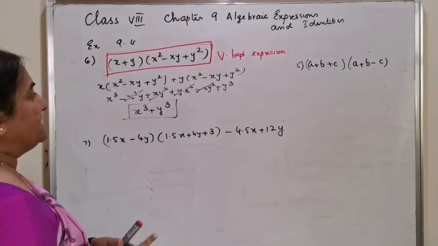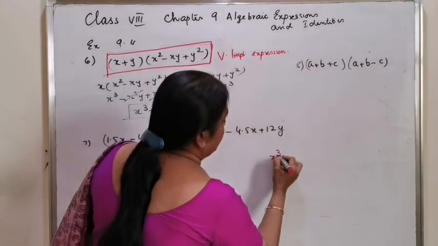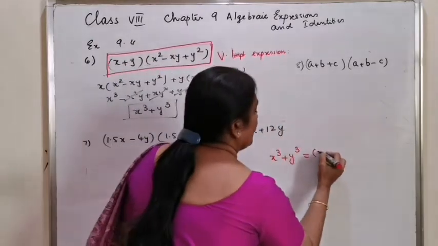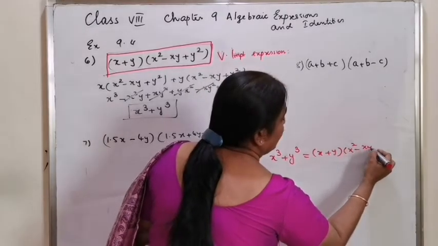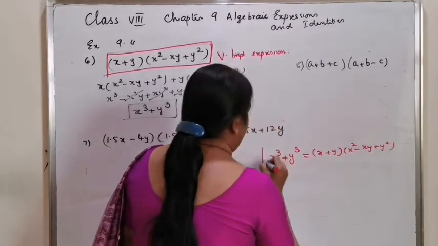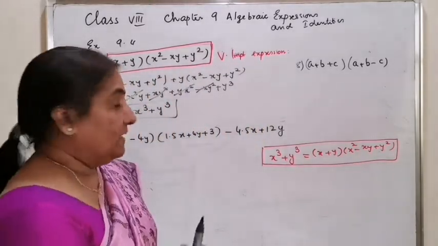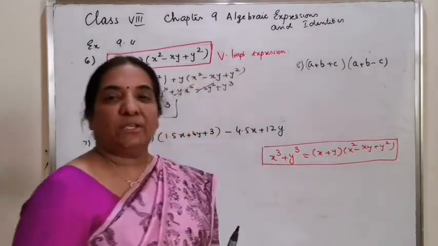So x cubed plus y cubed is equal to x plus y into x square minus xy plus y square. This is an important expression, the factorization of x cubed plus y cubed.